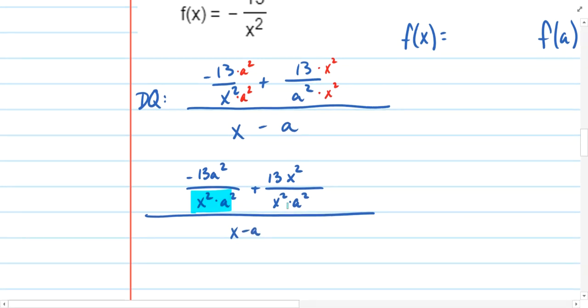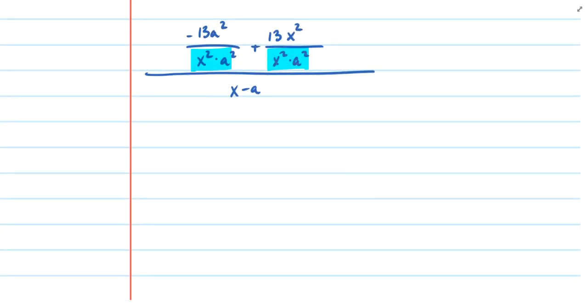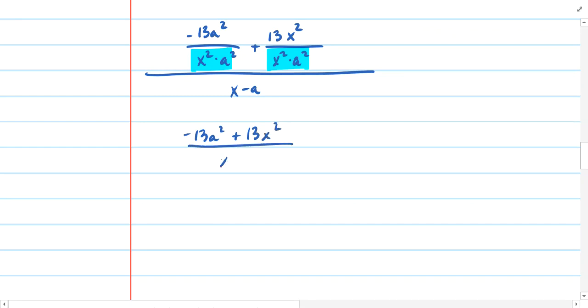Well, now we can see that we do have a common denominator, so those two fractions can be added together, and we now have negative 13a squared plus 13x squared over x squared a squared, and that fraction can be written over x minus a.